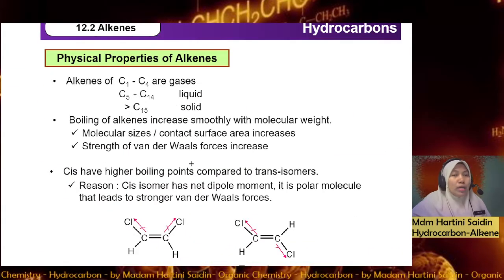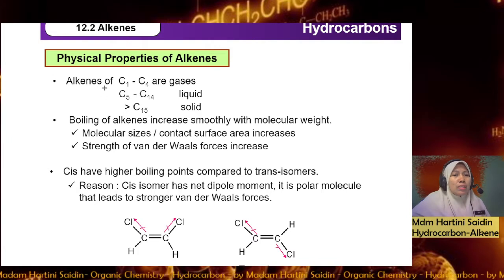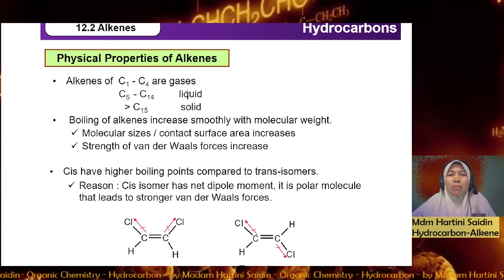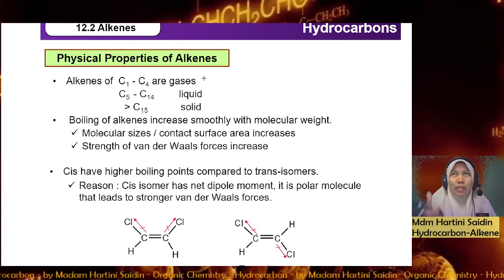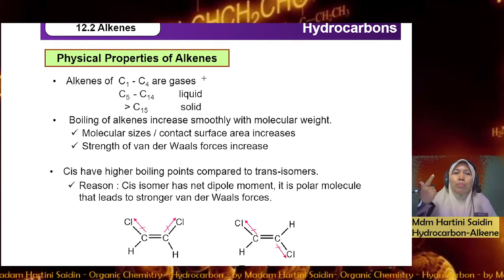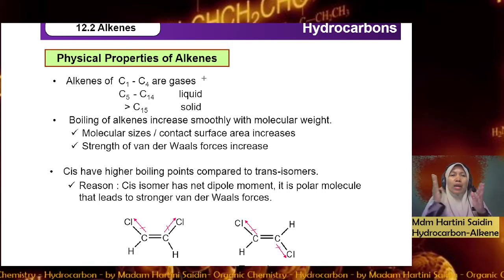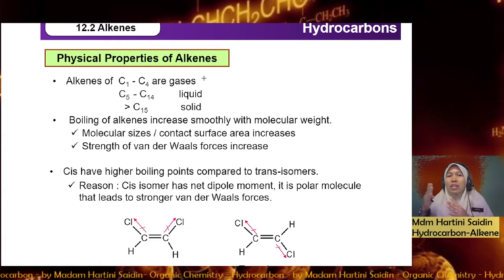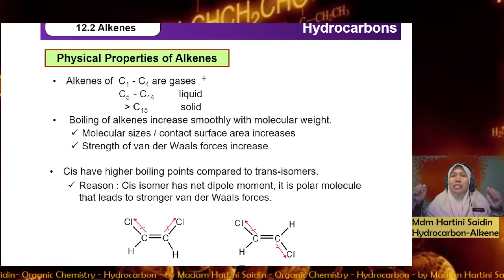Now, we look at the physical properties of alkenes. Okay, alkenes of carbon 1 until carbon 4 are gases, means methane, ethane, propane, and butane are gases. So start from carbon number 5 until carbon number 14, the hydrocarbon exists as a liquid.